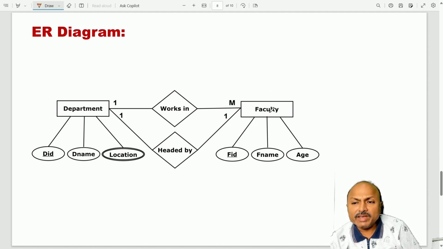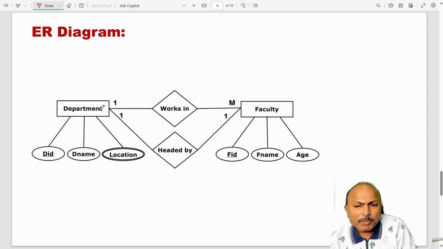So here you can see faculty works in department. Many faculty work in one department, or one department has many faculty. So that is one to many: many from the faculty side and one from the department side. One department has one HOD. That HOD is also a faculty.